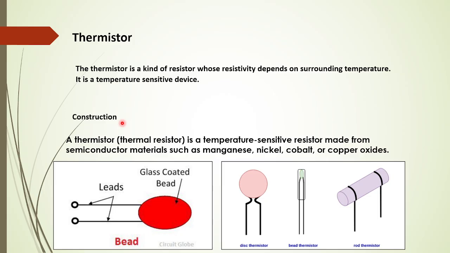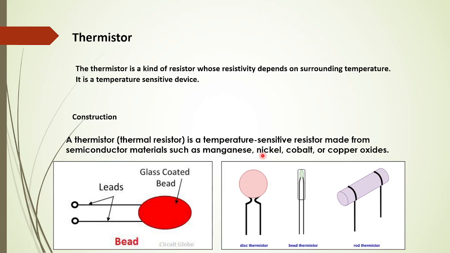A thermistor is a temperature sensitive device made up of a semiconductor material such as manganese, nickel, cobalt, or copper oxides. These are the semiconductor materials used in a thermistor.